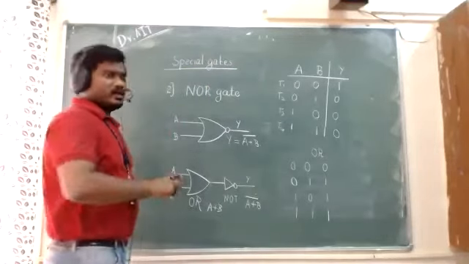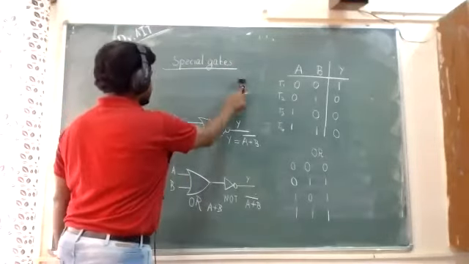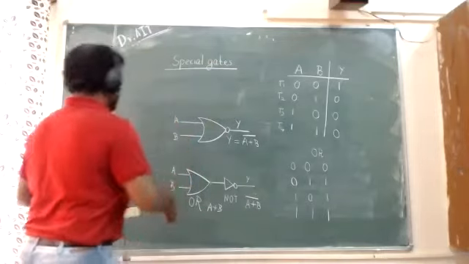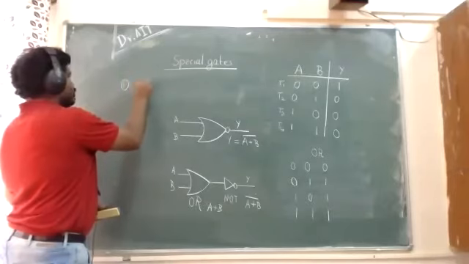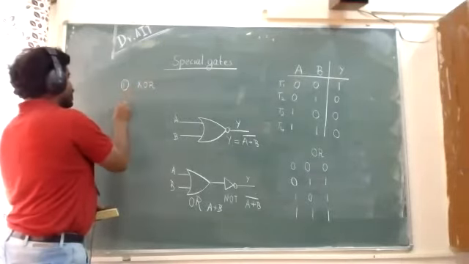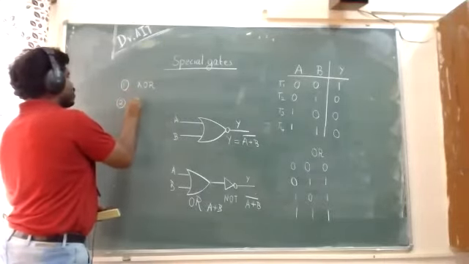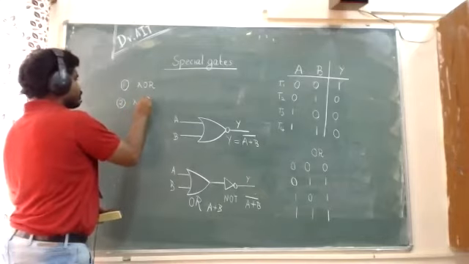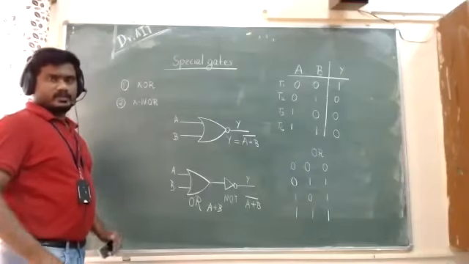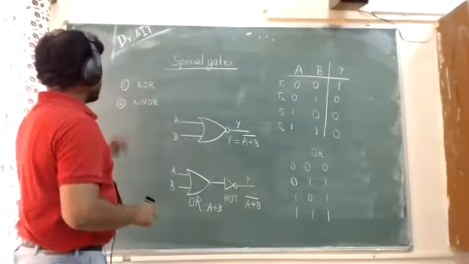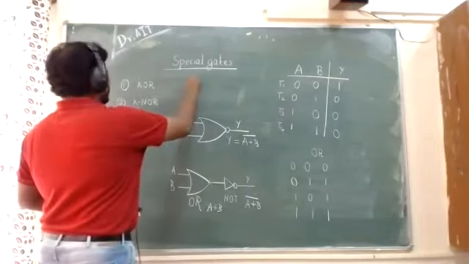So there are two special gates. One is the XOR gate, and you have the XNOR gate. Now we'll discuss the first one, the XOR gate.